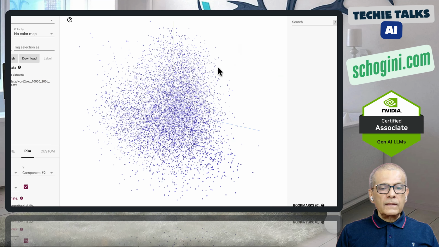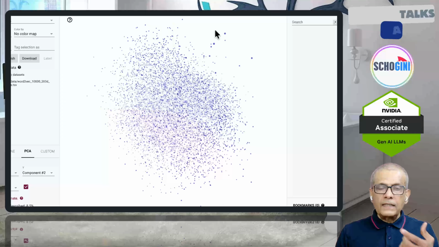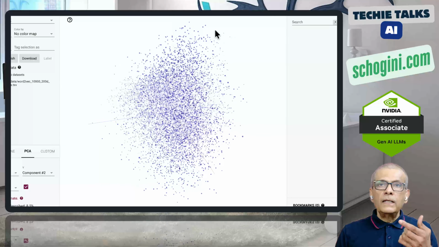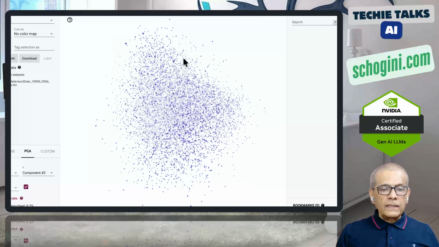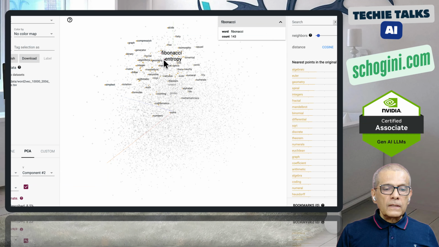Let's look at this picture. When we take an input sentence and convert that sentence to an embedding, see here, if you take any two dots, say this dot and this dot, we can find the similarity by computing the distance between the points.